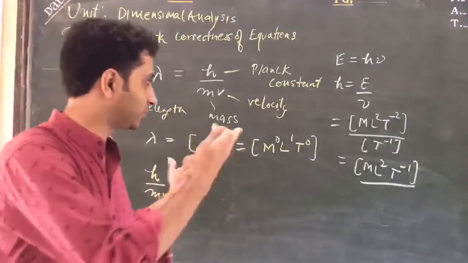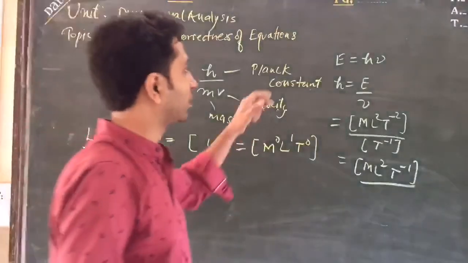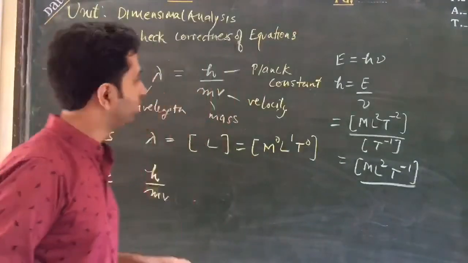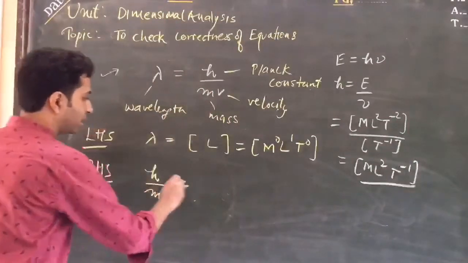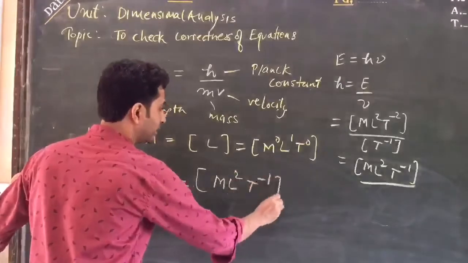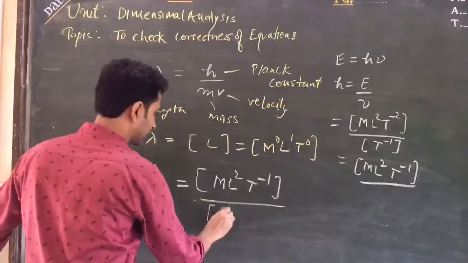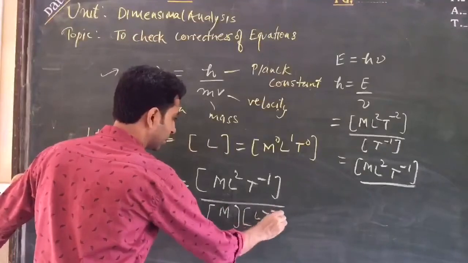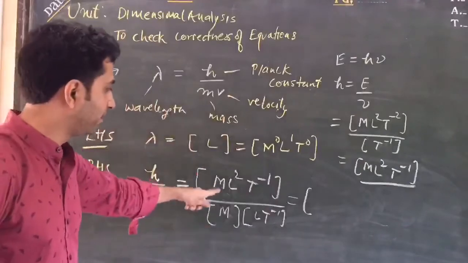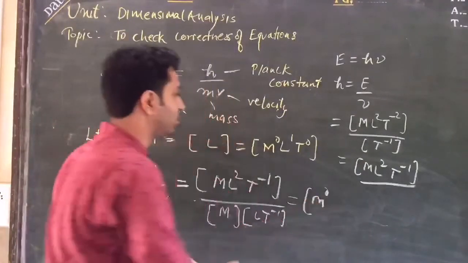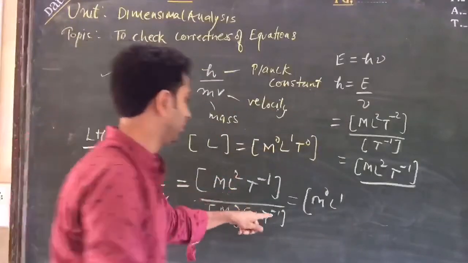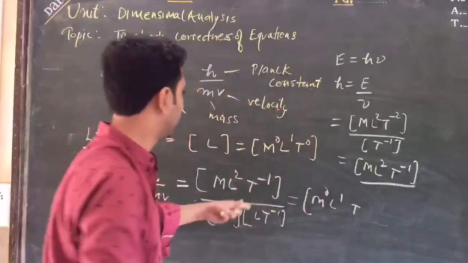So questions are quite easy, and you can calculate in parallel also. There is no need for rote learning or cramming the formulas. You only need to practice hard on these dimensional formulas. Now put in the value of the dimensional formula for h: ML2 T minus 1, then m for mass, and v for velocity, which is LT minus 1. Combining all the terms, M gets cancelled, so the dimension is 0. L becomes 2 minus 1 minus 1, which is 0 again, and T is again 0.